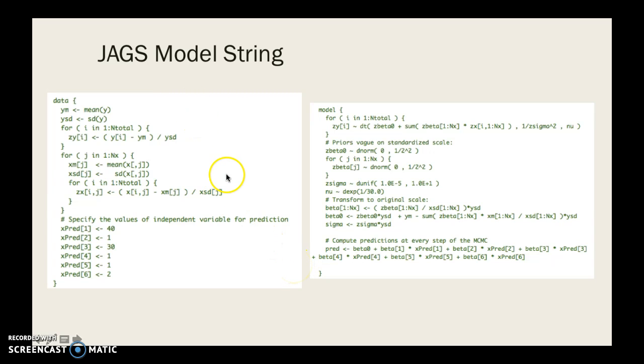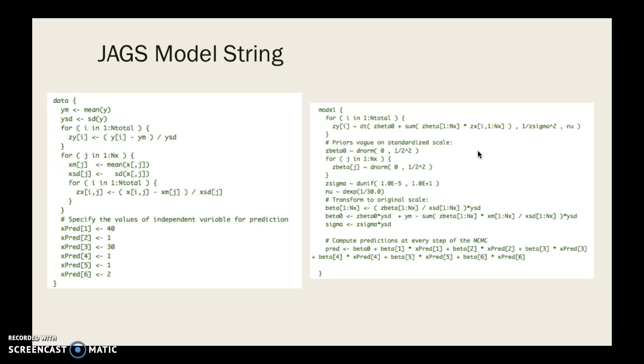So the data set here, I've just put in some values for a prediction, but that's not all that important at this stage. And here I've set the model, and I've used uninformative priors for this. I wasn't really able to come up with any expert priors for this data set.